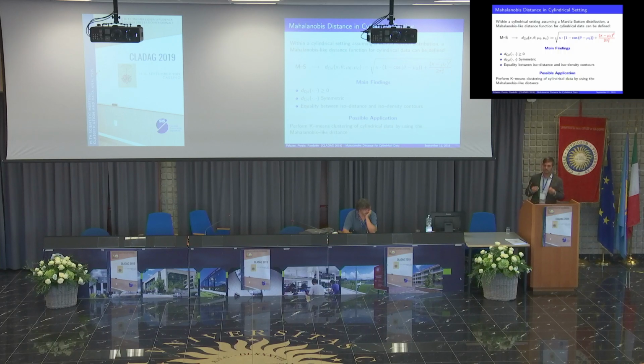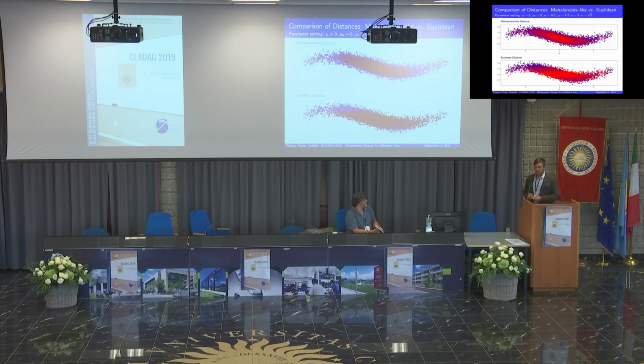One of our first applications is that we performed k-means by using this modified distance, compared with the Euclidean one. First of all, let's compare the surface contours. What happens here is that the Mahalanobis distance is able to capture the structure of the data better than the Euclidean one.